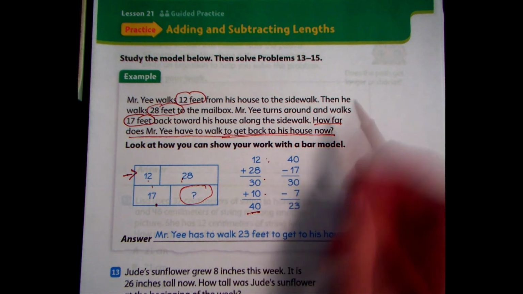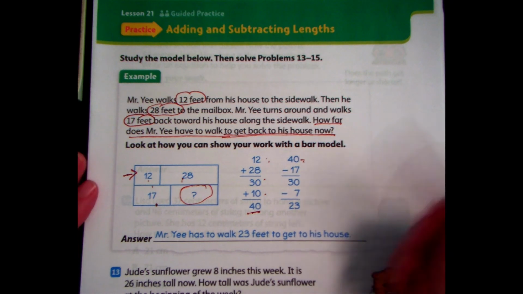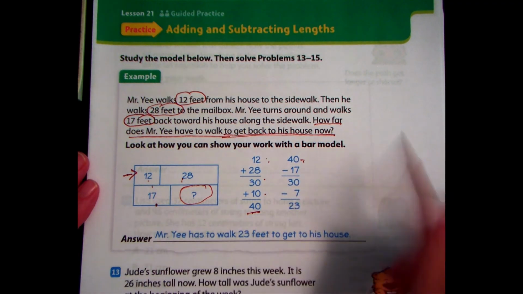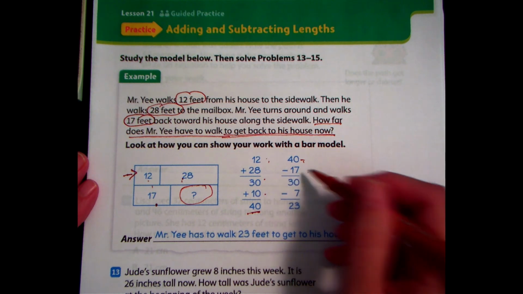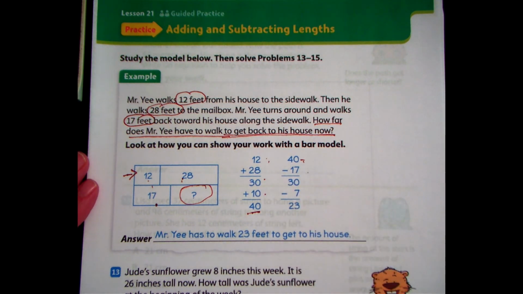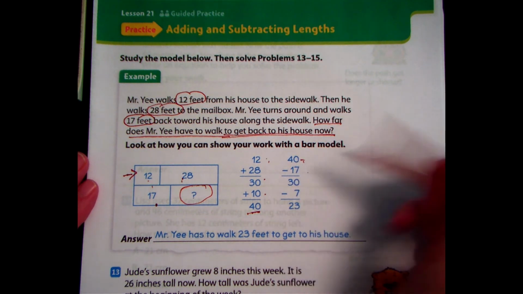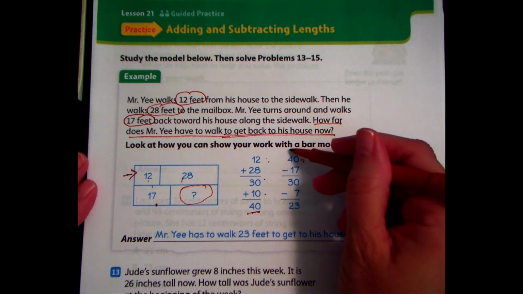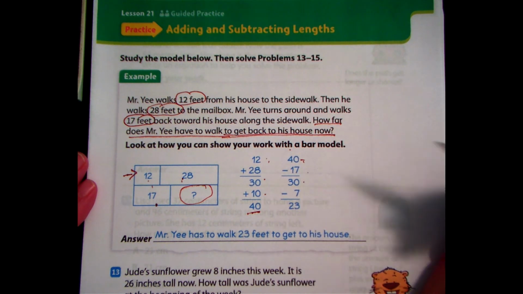So if he has to go 40 feet, we're going to start with 40. That's how far it is to the mailbox. So we know he went 17 feet back. So we're going to subtract 17 because he turned around and he went back the same way he came. So once again, they subtract the tens first. 40 minus 10 is 30.